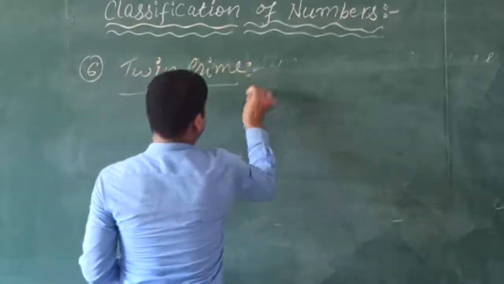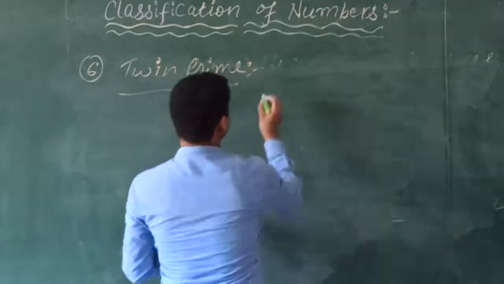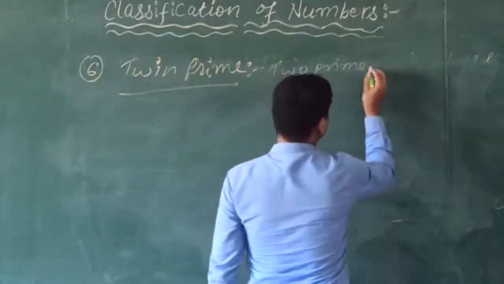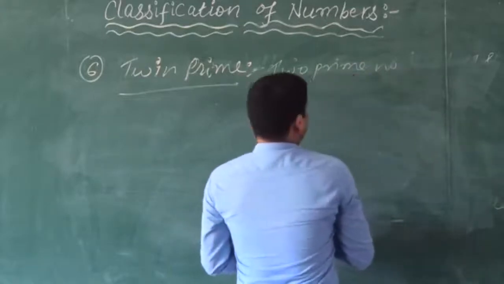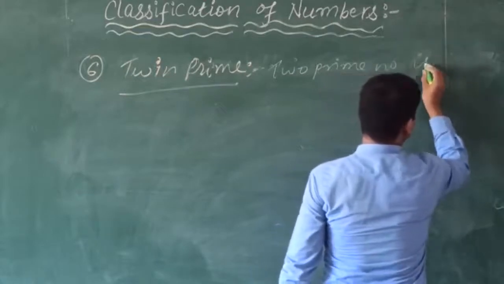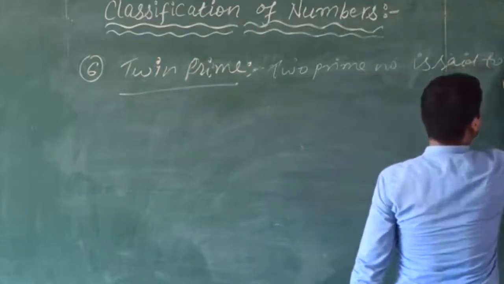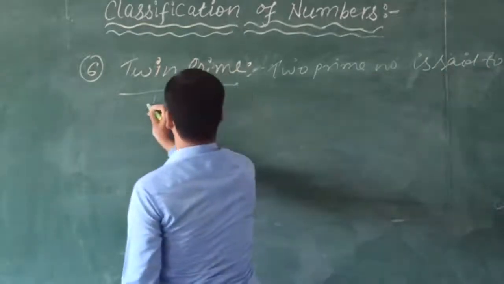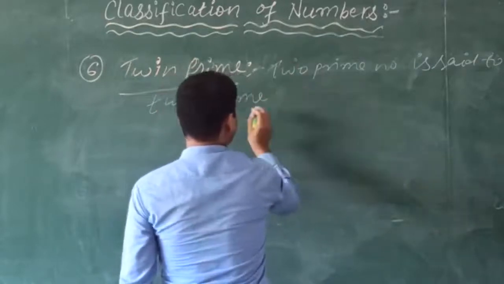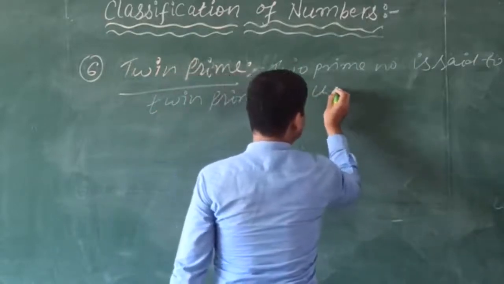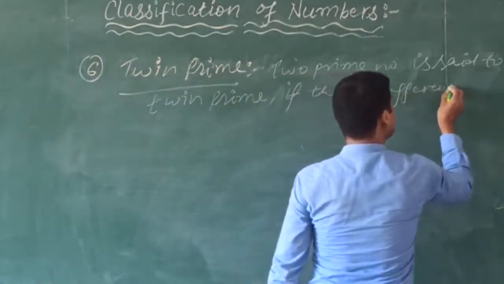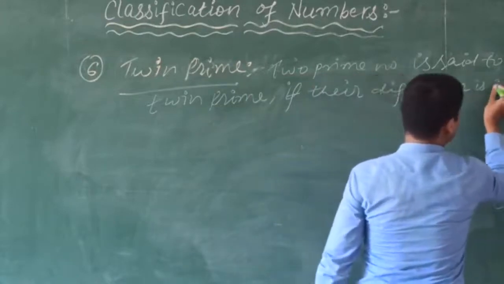See this here. 2 prime numbers, if 2 prime numbers are said to be twin prime if their difference is 2.